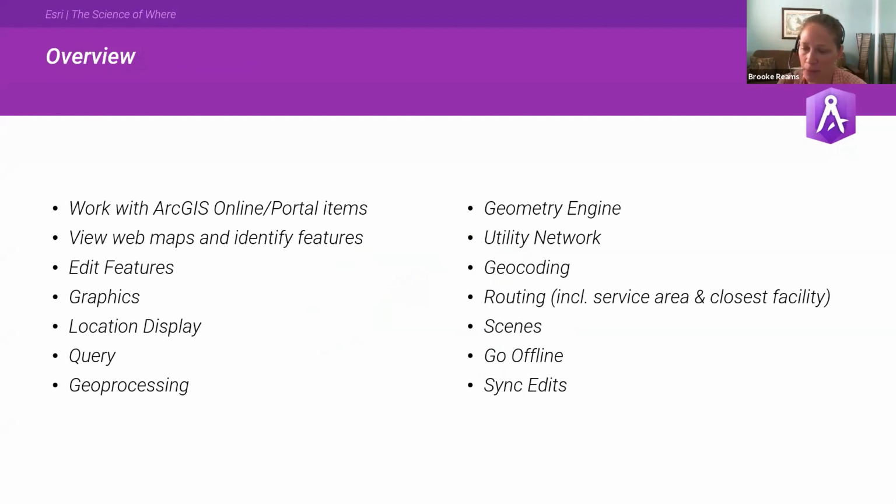Location display, being able to show your current location, query features, and perform geoprocessing operations in your app. Utility networks, such as a utility trace, you can now do with AppStudio and the QML runtime API. Geocoding, routing, working with scenes, so 3D, and then going offline, being able to make edits offline and sync those edits back when you're online. So just a few of the highlights here.